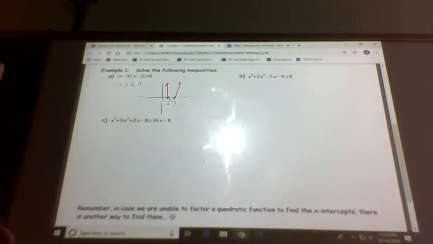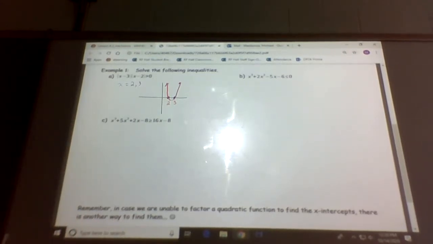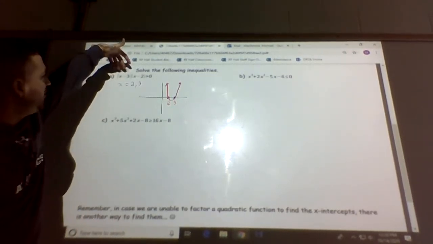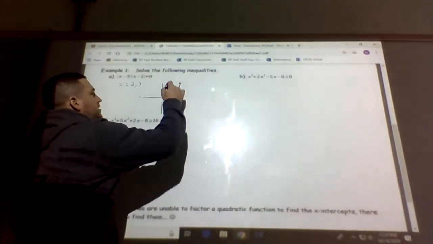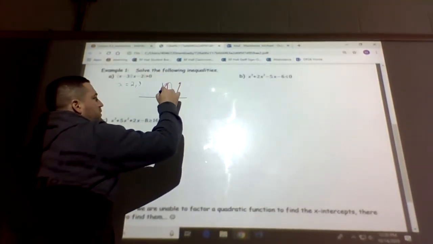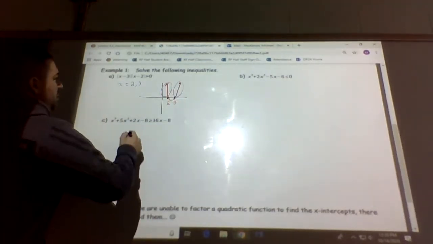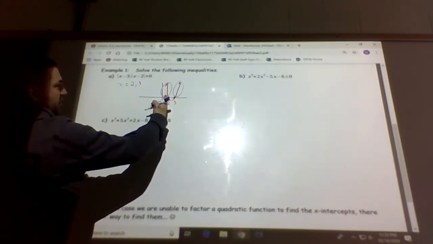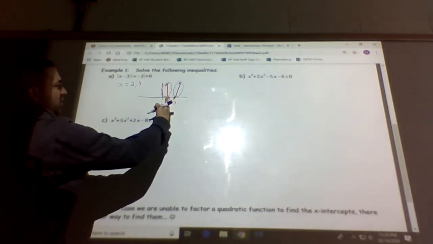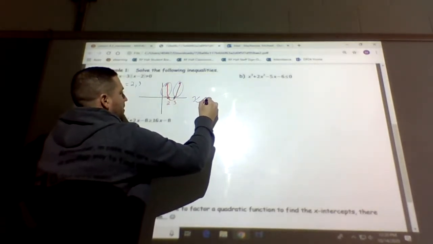So the question asks again, what values of x can we plug in here that will be greater than 0? Well, this arm here is greater than 0, and this arm here is greater than 0. So the values that make it greater than 0 are everything less than 2, so x is less than 2.